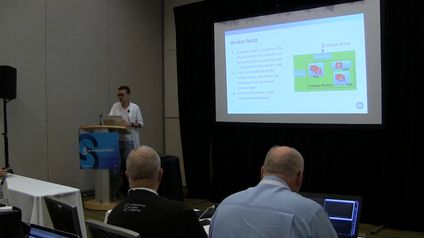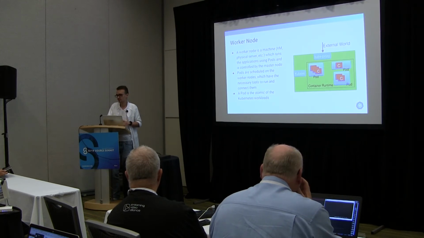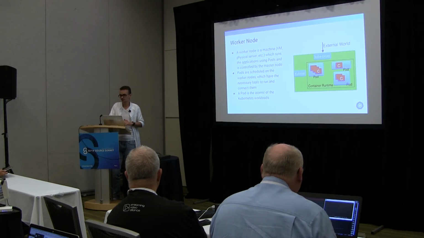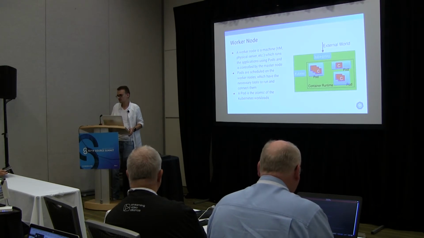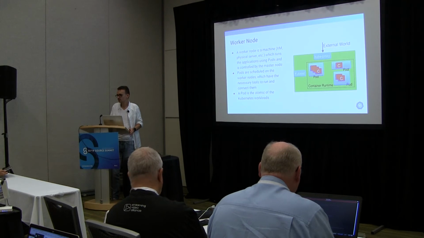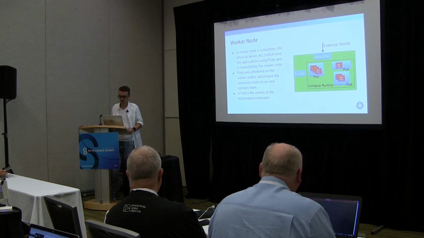But if you are considering deploying Kubernetes clusters for real production, we strongly suggest you separate your master nodes, your master workloads, from the worker nodes. So anything that could happen on the worker node will not affect your control plane and vice versa.